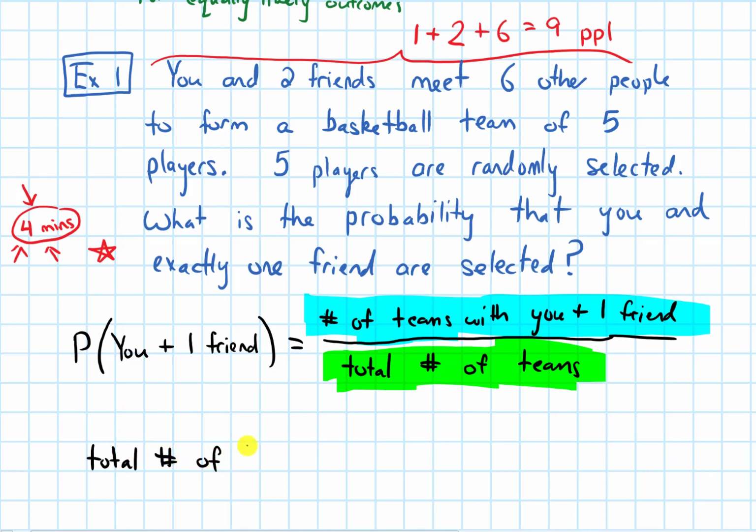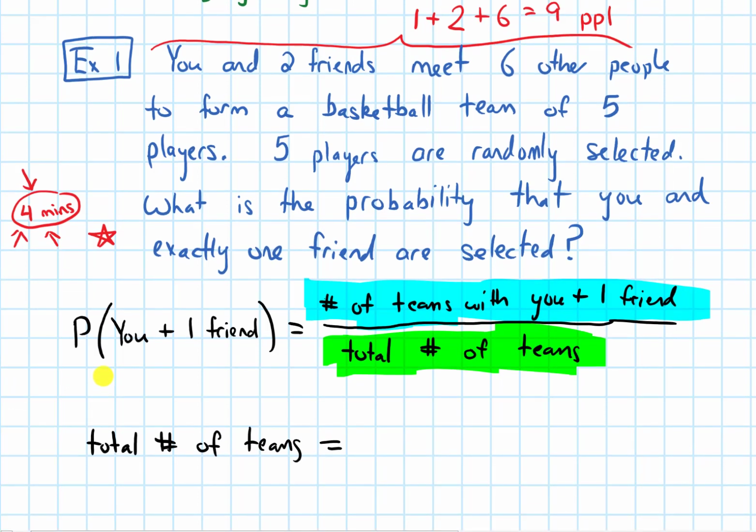So for the total number of teams, we need to be picking 5 players from the 9 total people that we have. And the order in which we pick the people doesn't matter. So we're going to use combinations. This is going to represent the number of ways to choose 5 out of the 9 total people.